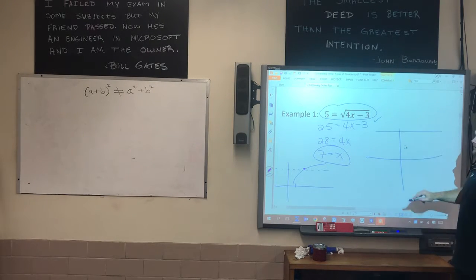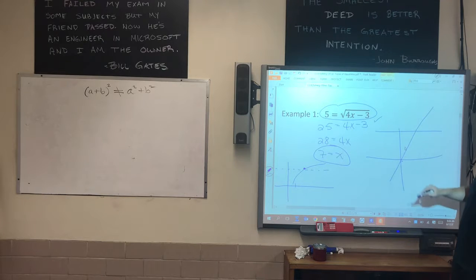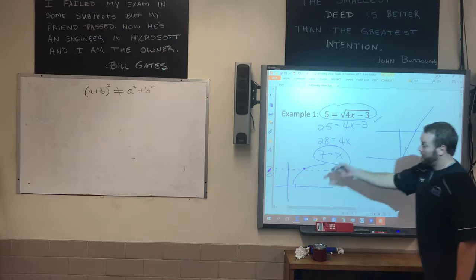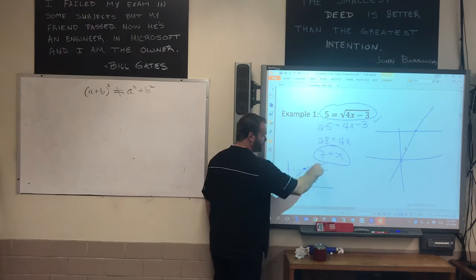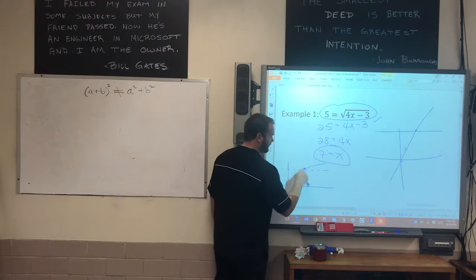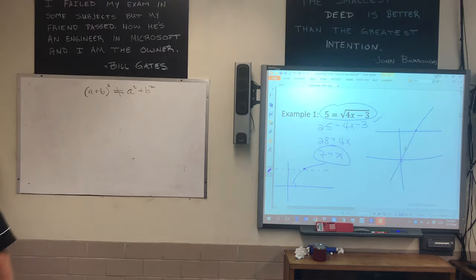It's the line y equals 25 and the line 4x minus 3, maybe that, where that's negative 3. They still cross at 7, right? So looking at a radical curve and a line, the intersection is the same thing once we transform it to the intersection of those 2 lines. Okay. Let's do a harder one.